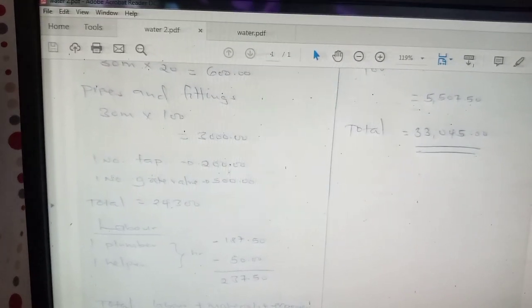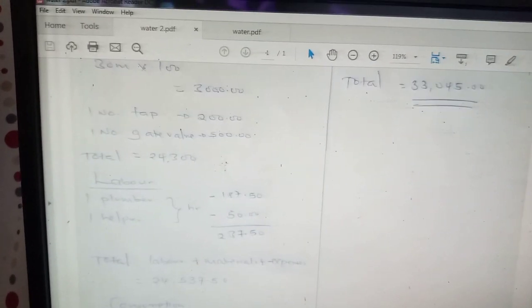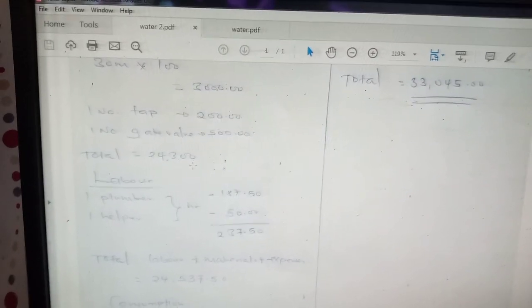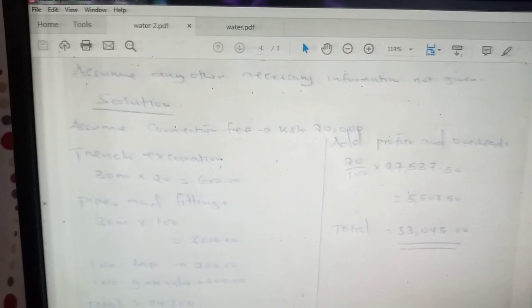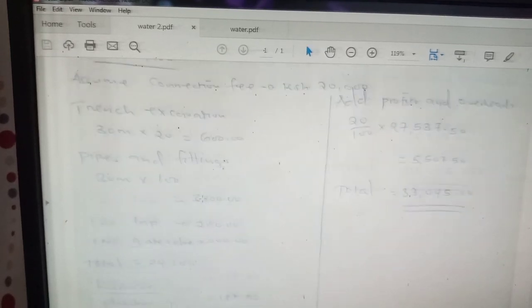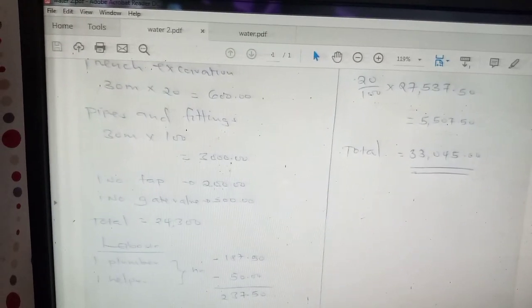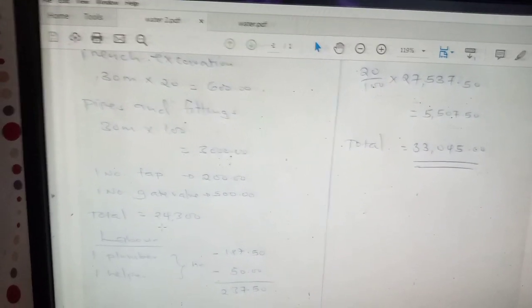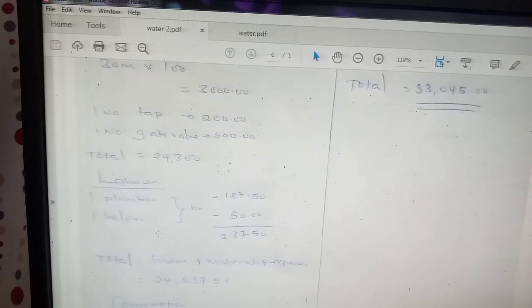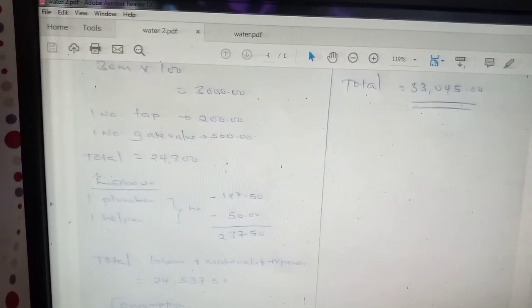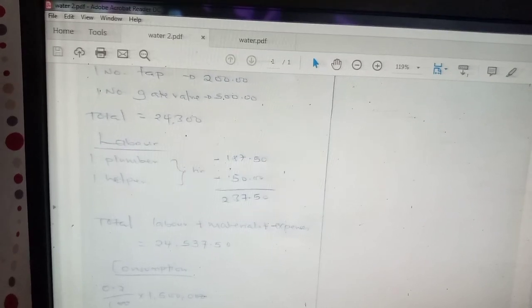Then we have one gate valve, which will be 500 shillings. So the total cost from the connection fee to the gate valve will be 24,300.